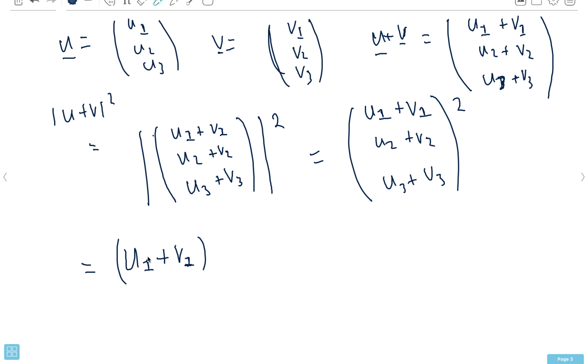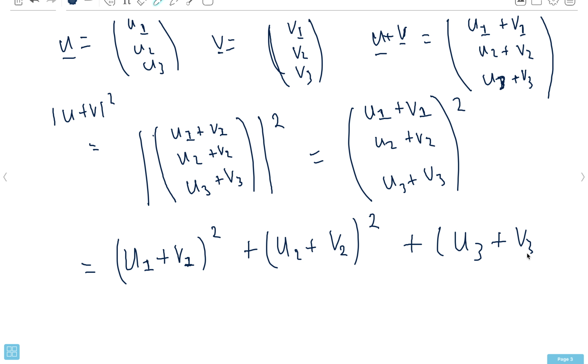I think the last few steps are fairly simple, so I'm trying to go through it really fast. Plus v3 plus v3 squared. Okay. Oh, so long.